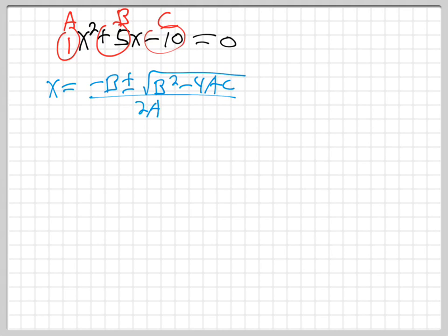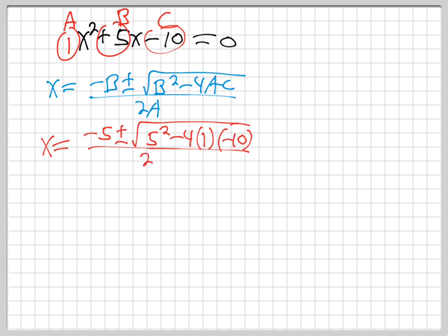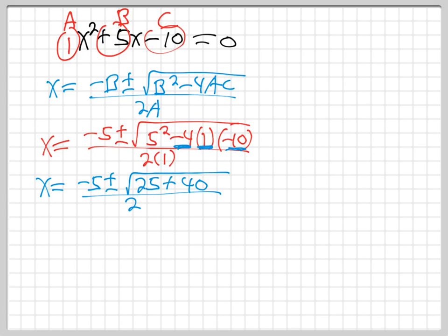All right, so x is negative b, negative 5 plus or minus the square root of b squared, 5 squared minus 4 times a times c all over 2 times a. And so where does that leave us? Negative 5 plus or minus square root of, what is this, 25 plus, right, it's negative times positive times negative, 2 negatives, positive 40 all over 2.